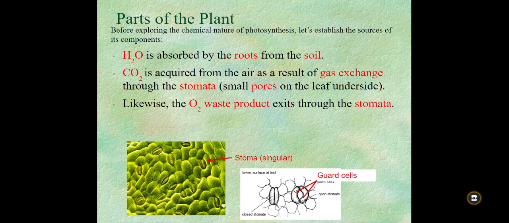There's a little line when it's closed, and then when the plant cell or the leaf needs to take in oxygen or let out carbon dioxide, or the reverse, it will open, and this little opening that you get on the underneath side of a plant is called a stomata. And then on either side, these cells that are here are called guard cells.